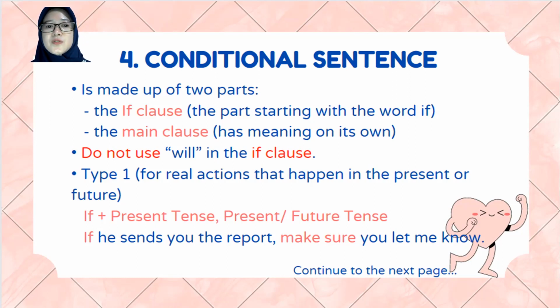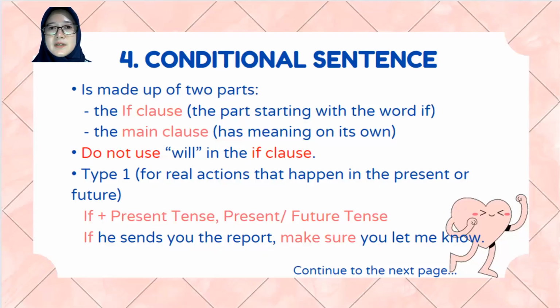And remember, also do not use will in the if clause. So if the sentence contains if, don't use will in that sentence. All right. And normally, a conditional sentence consists of two parts. So one is the if clause and the other one is the main clause.